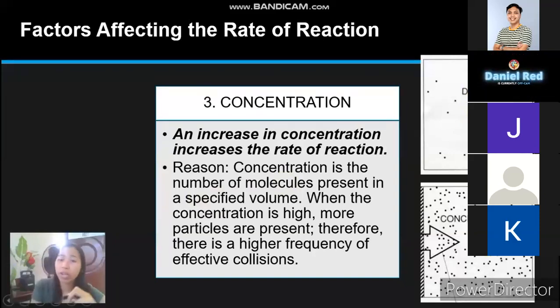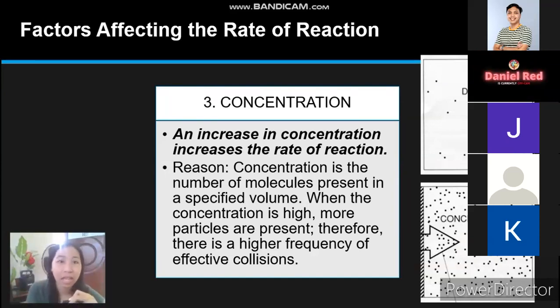Whereas kung mas concentrated ang imong solution, mas daghan ang present nga particles, possible na magbangga-bangga. Therefore, this increases the frequency of your effective collisions. Mao na siya, between the two types of solution, mas taas ang possibility of a chemical reaction sa imong concentrated nga solution rather than your diluted or labnaw nga solution.